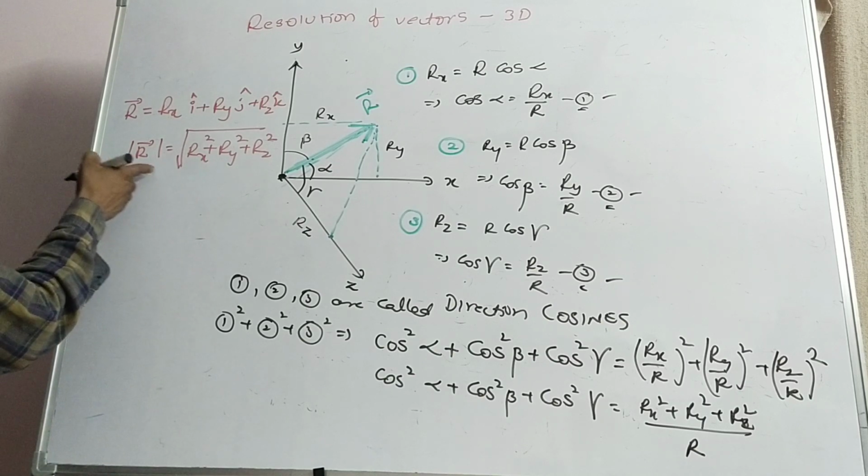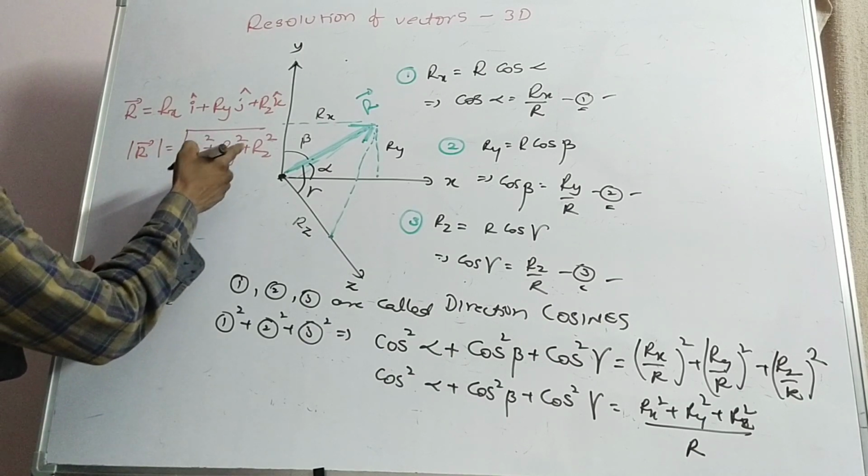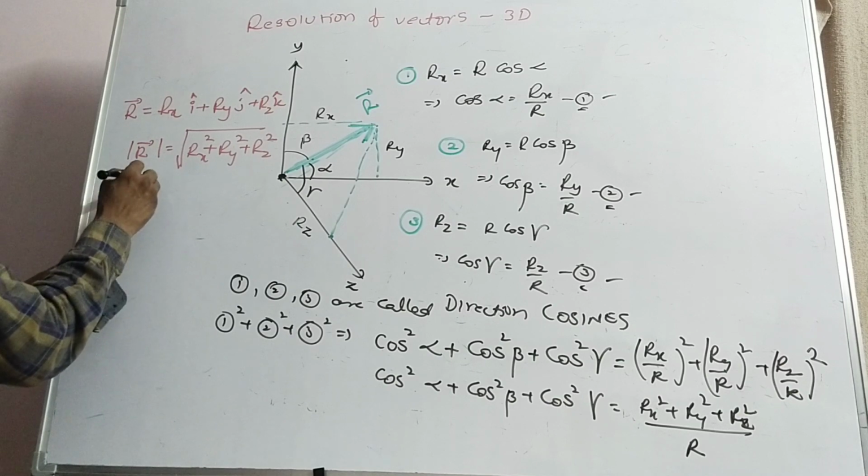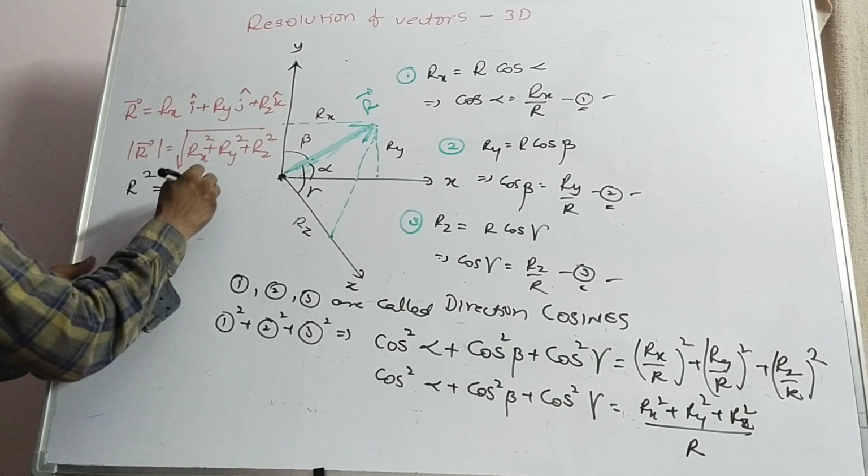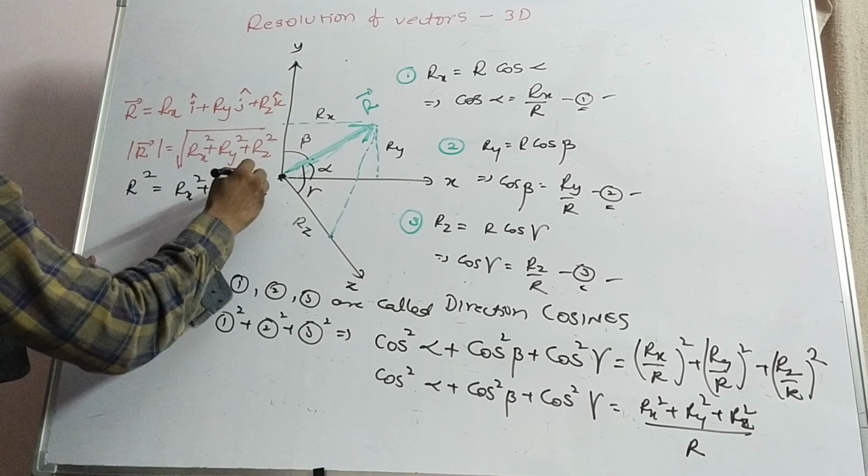See here, the modulus of R is equal to root of Rx square plus Ry square plus Rz square. Squaring on both sides we get R square is equal to Rx square plus Ry square plus Rz square.